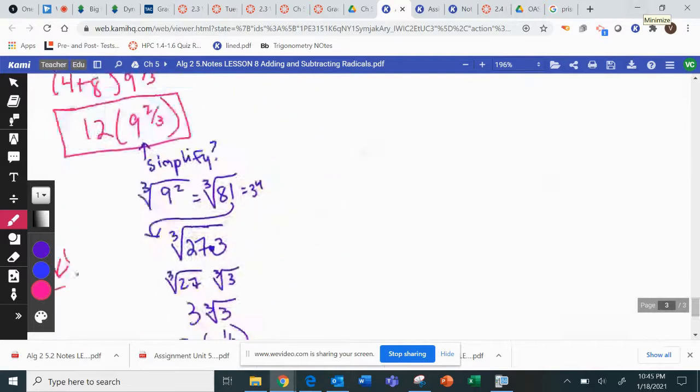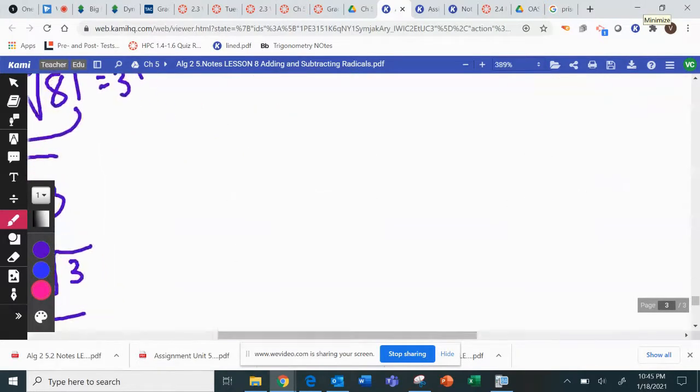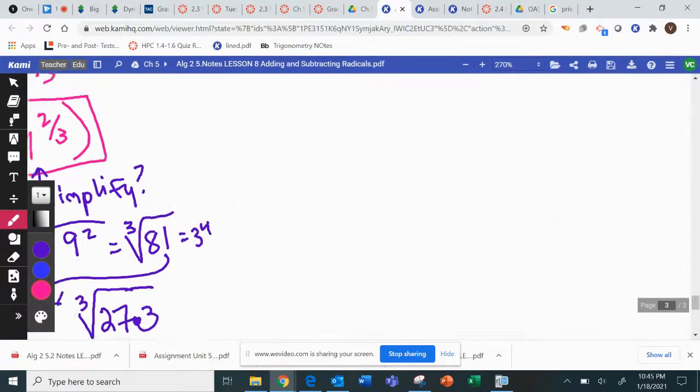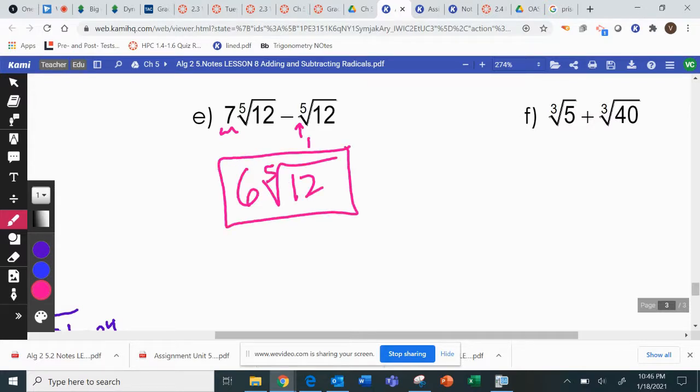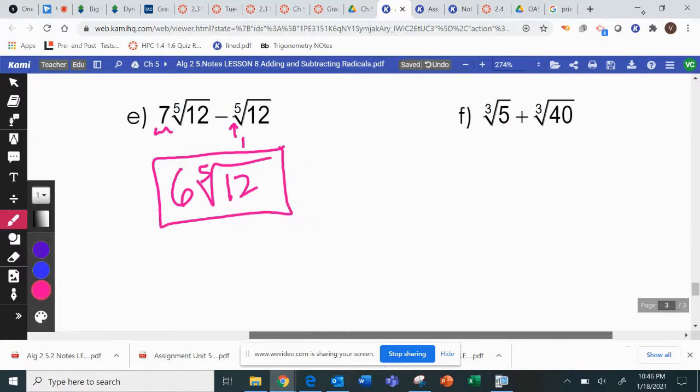Okay, where are we here? 2 more examples. Okay. Got 7 times the 5th root of 12 minus the 5th root of 12. So if I say I've got 7 of these and I take away one of them, then I will have 6 5th root of 12s. There is not a 5th root that goes into 12, so I can't simplify that.